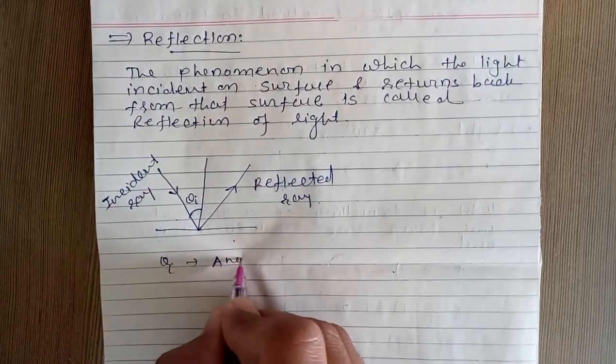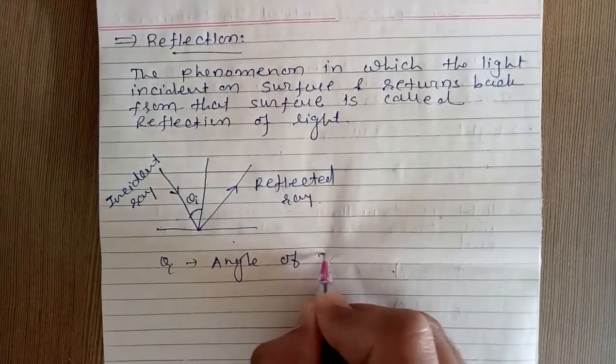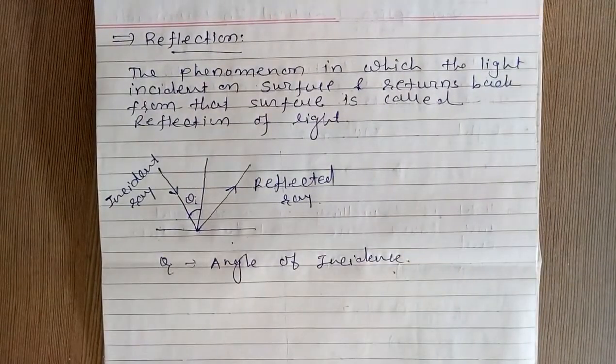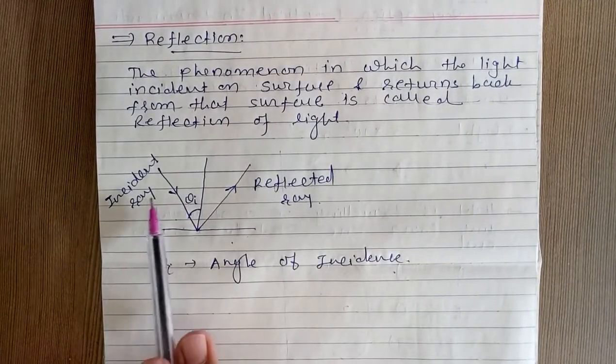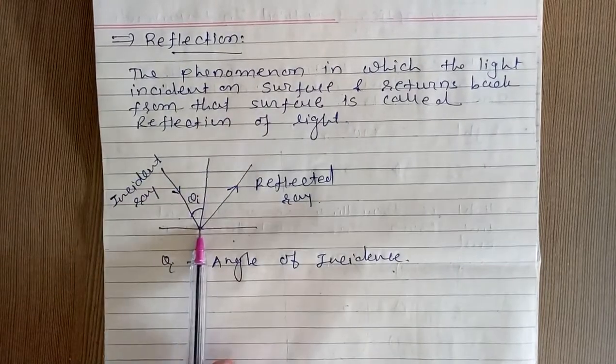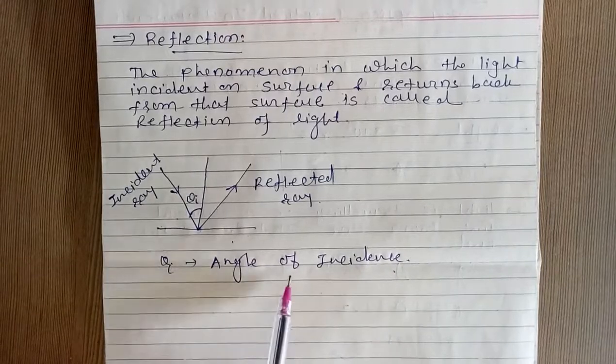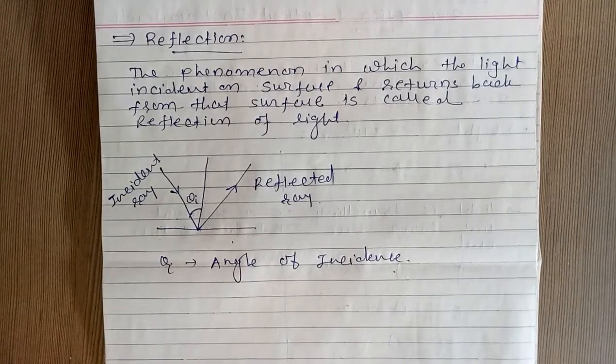The angle between the incident ray and the normal to the surface is known as the angle of incidence.